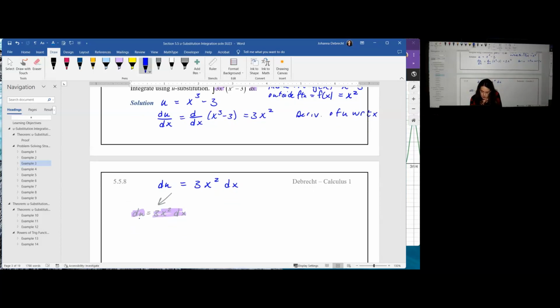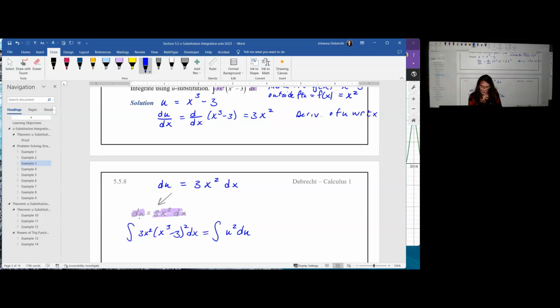When you do your substitution, you'll have the integral 3x squared times x cubed minus 3 quantity squared dx. And when you substitute, you're going to have u squared du. In other words, you replaced the inside function, x cubed minus 3, with u, and it became squared, the outside function. And you replaced all of the rest of the integrand, the factor 3x squared and the differential dx with the du.